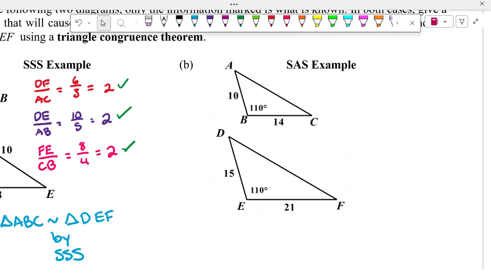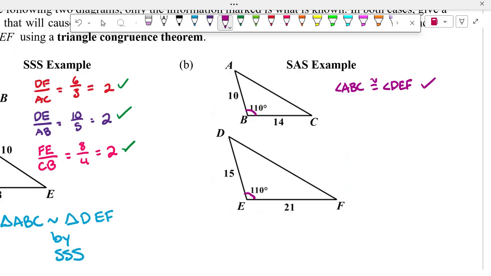These two sides make this angle. All right. Now, are those two angles congruent? So is angle ABC congruent to angle DEF? Yes, they are. They're both 110. So those two angles are congruent. So I know the angle is congruent.